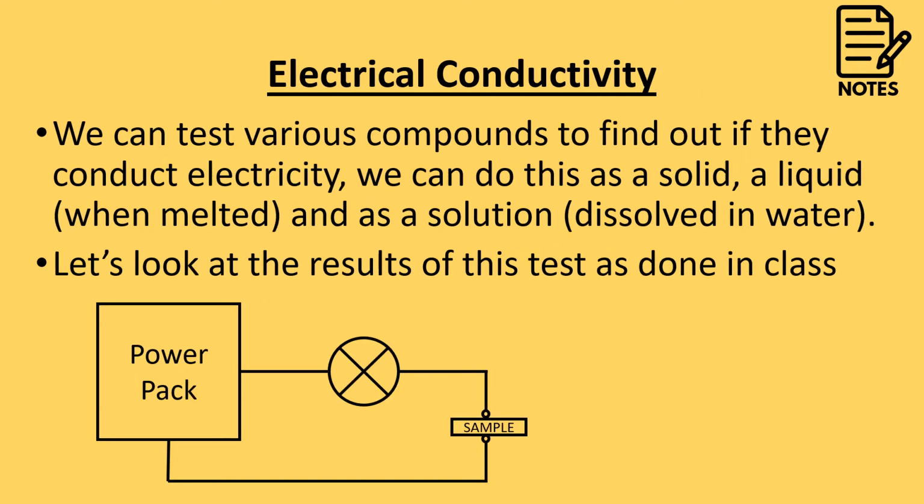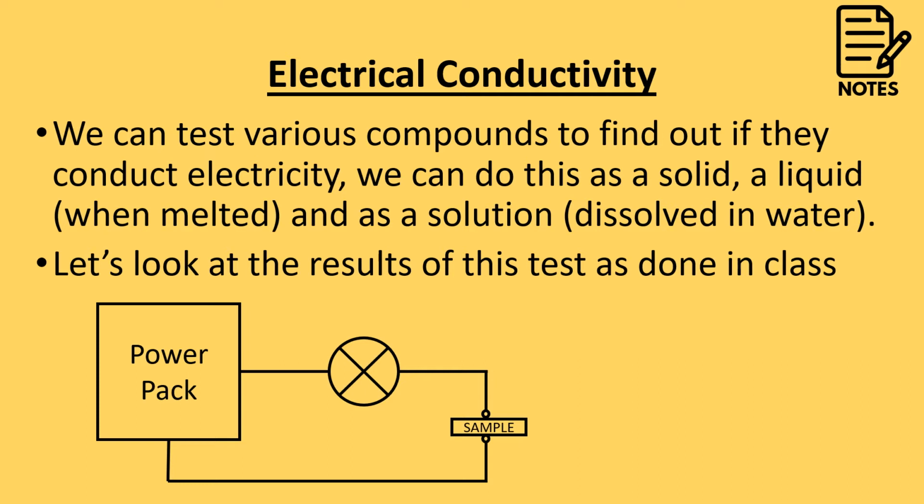This is an experiment that we would do in class. It's a really straightforward experiment, using the diagram that you can see on the screen in front of you. We would take compounds that we know to be either covalent or ionic. We would test them as a solid, we would test them when they're dissolved in water, and we would also test them as a liquid by melting them.